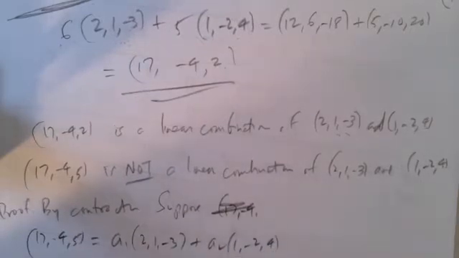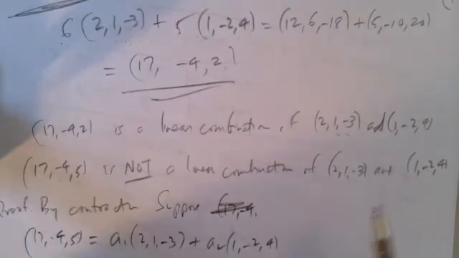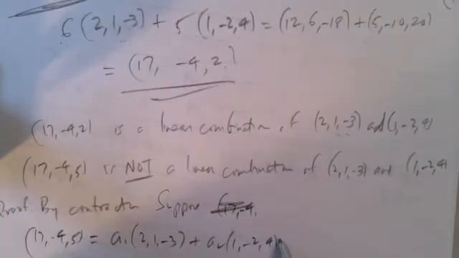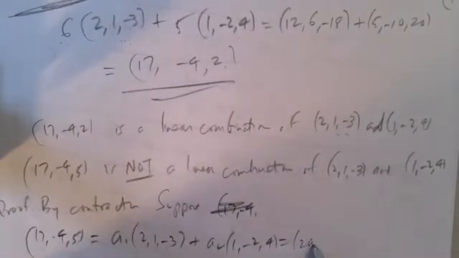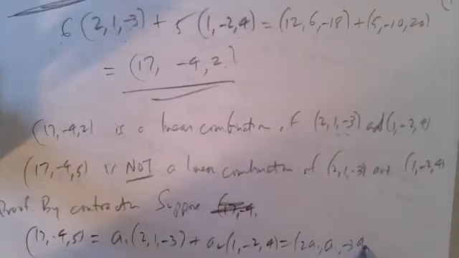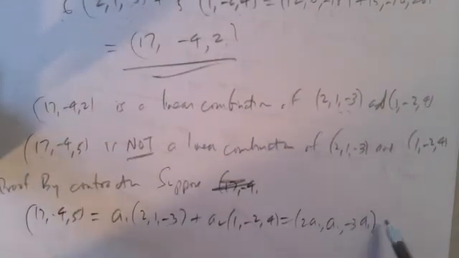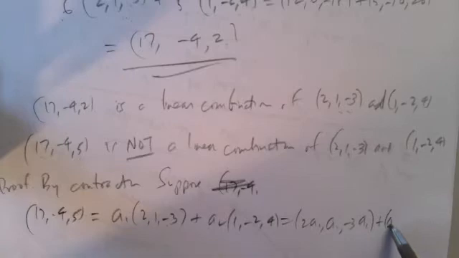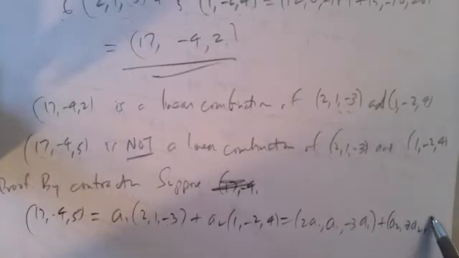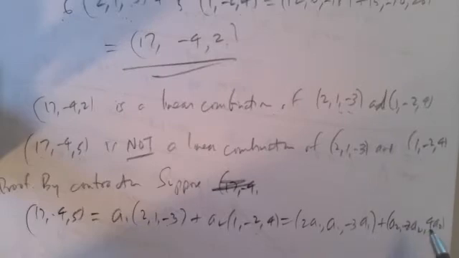A1 times this vector is 2A1, A1, minus 3A1, and A2 times this vector is A2, minus 2A2, 4A2.